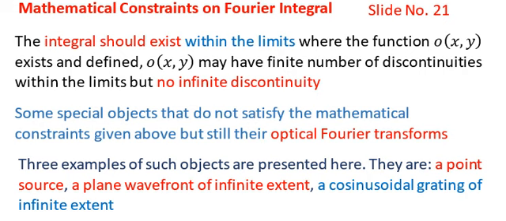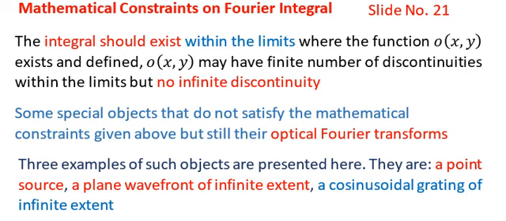Some special objects do not satisfy the mathematical constraints given above, but still their optical Fourier transform exists. These two conditions sometimes do not hold for some objects, but we shall notice that their optical Fourier transform still exists, and we shall examine what kind of objects those are.